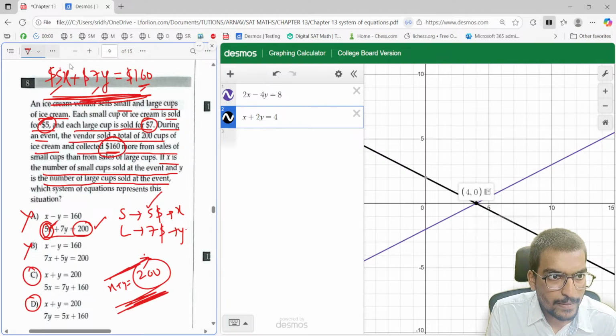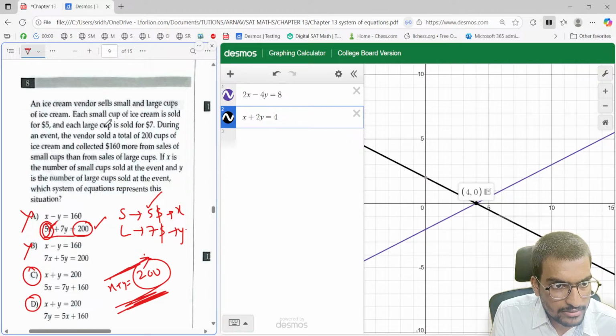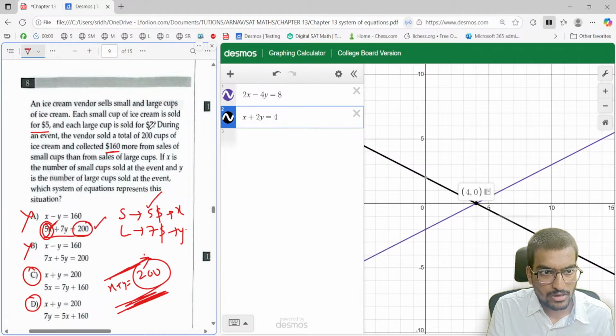Now let me erase this. So let's read the required thing. We know that $5 is for each small cup and a large cup is $7. During an event, the vendor sold a total of 200 cups of ice cream and collected $160 more from sales of small cups than from sales of large cups.